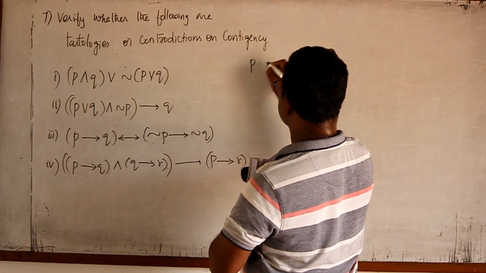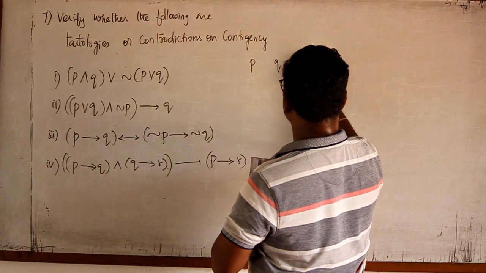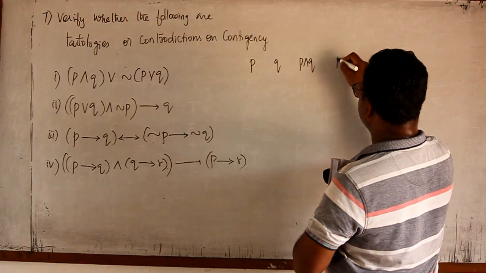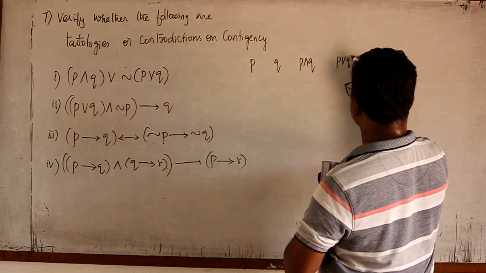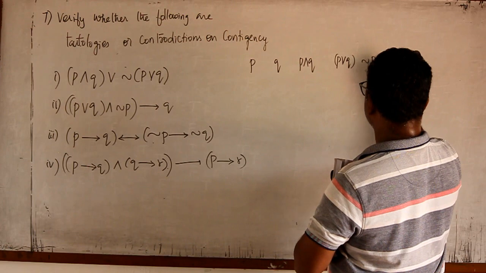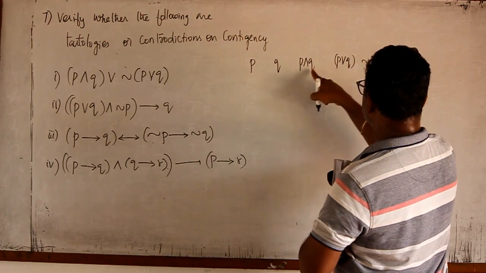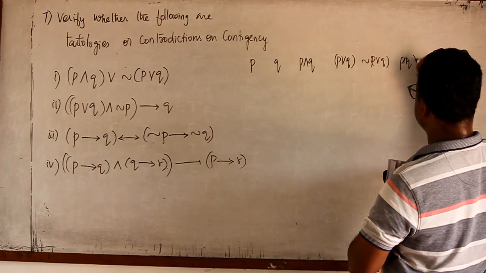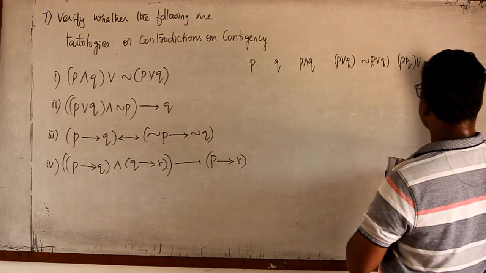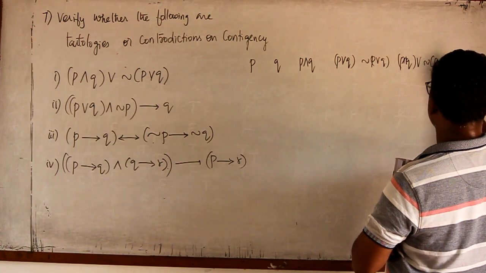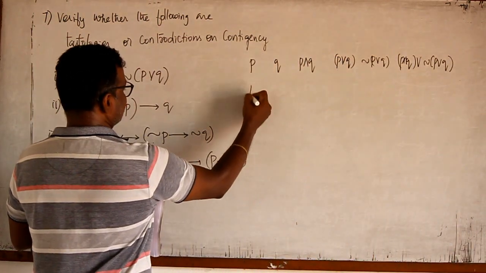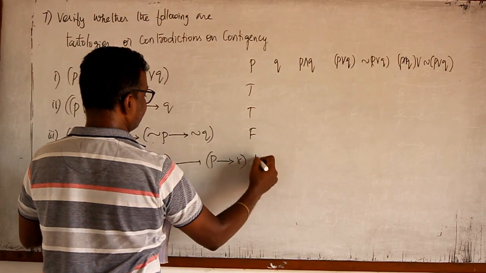I need P, Q, P cap Q, P and Q, then P or Q, then negation of P or Q. Then I must combine these two, that is P cap Q, P and Q, or negation of P or Q. Okay? Since only 2 sets, 4 elements, P is T, T, F, F.